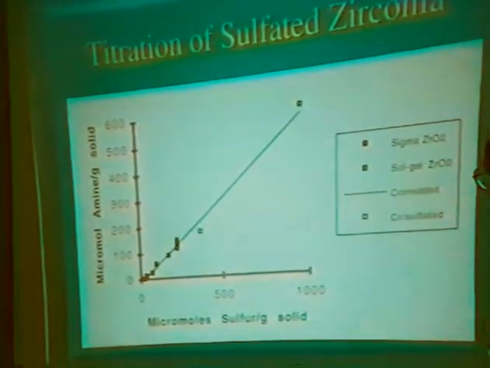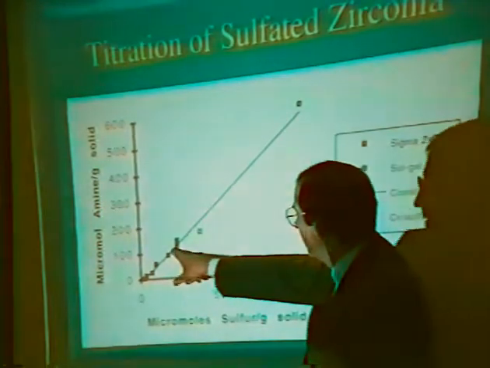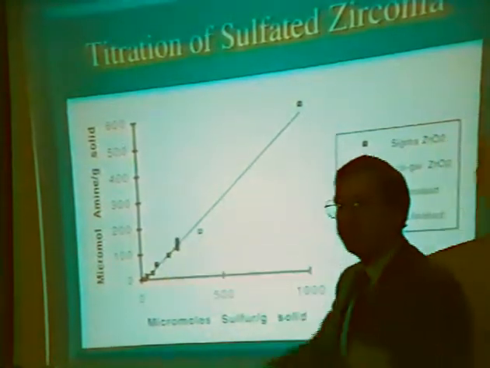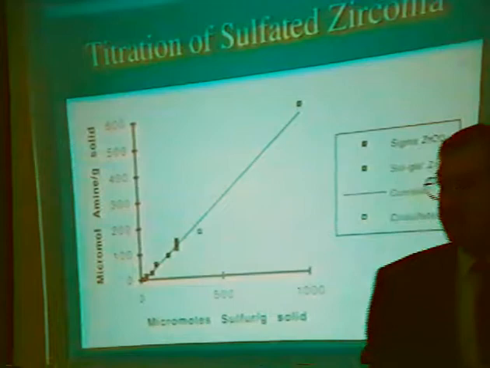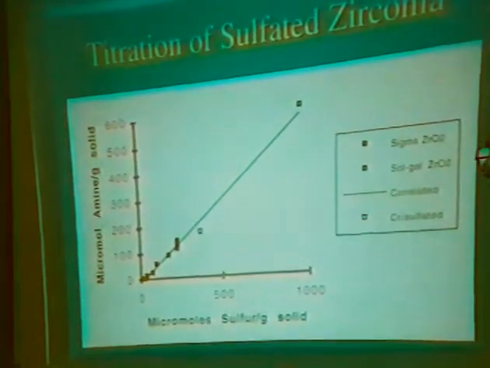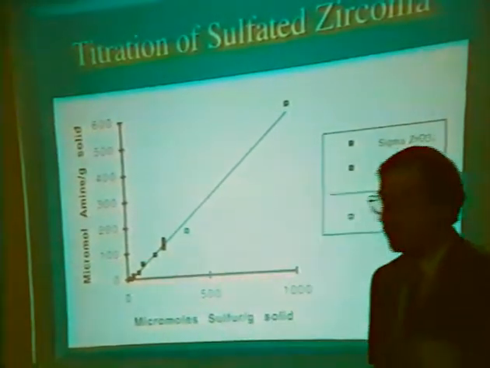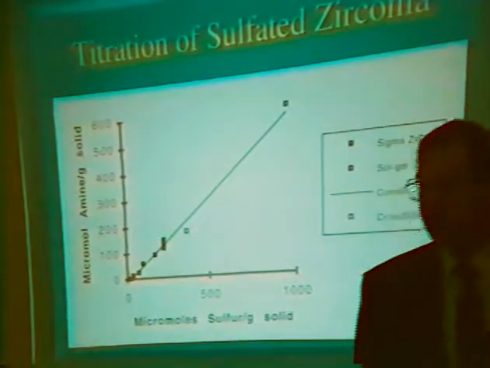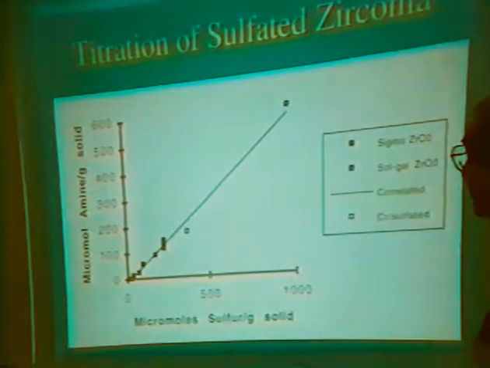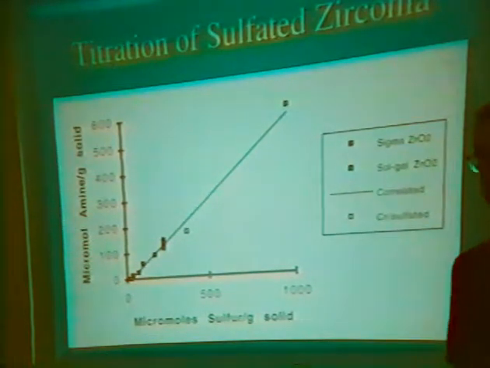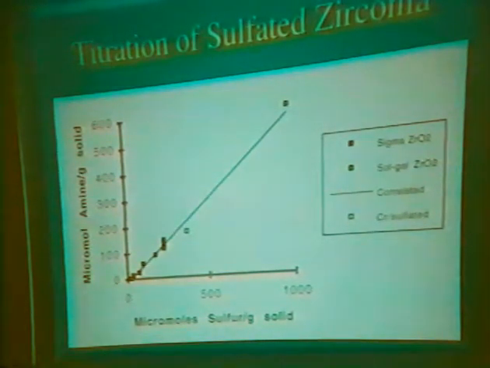So that is to say, if we had a point lying off the line or above it, as you see there, then it might in fact be described by the red line. And the red line is nothing more than a curve fit of those data, which was developed by sulfating zirconium oxide that came from Sigma. The one yellow point happened to be the chromium catalyst, for which we now have the sulfur analysis, and it seems to show more sulfur than the samples that we developed just from the oxide.